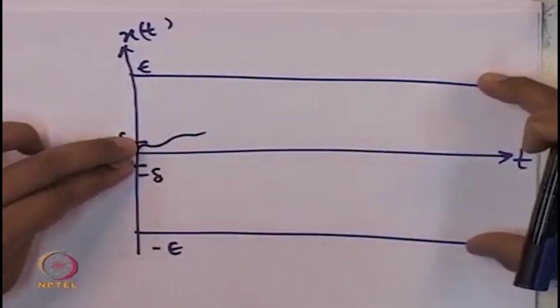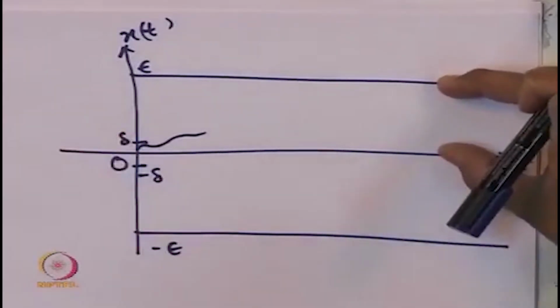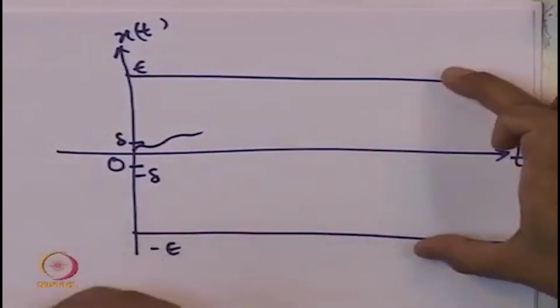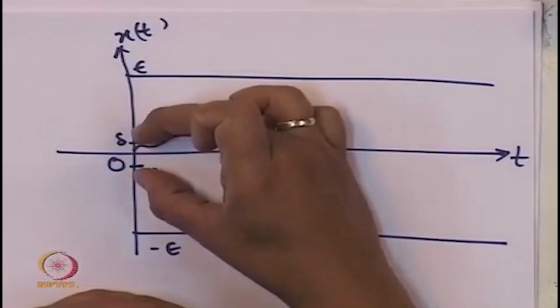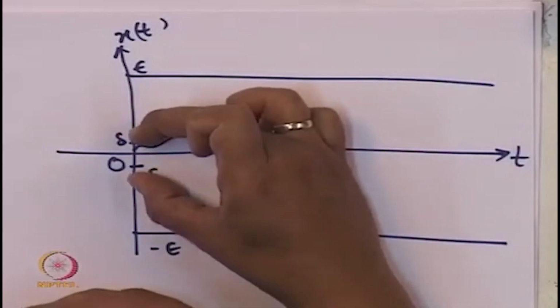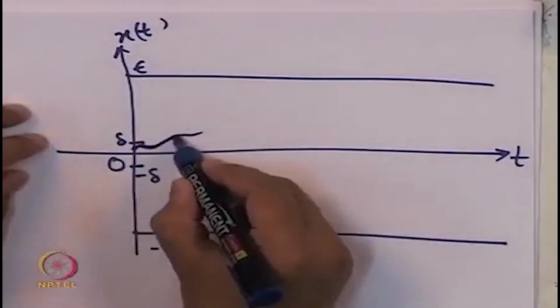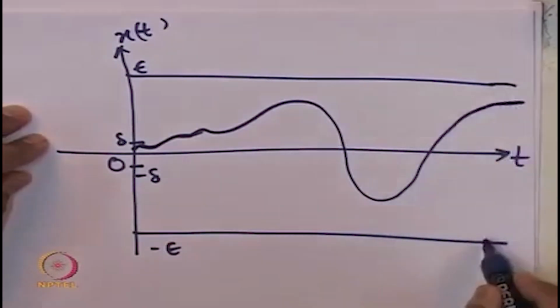so that it is guaranteed to remain inside this bigger ball. This is the ball. What I am showing is the diameter. The radius is this, and this is the diameter. For it to remain inside this bigger ball, it is possible that we should ensure that the initial condition lies inside this smaller ball. As long as it begins from here, from the solutions to the differential equation, we know that it remains inside this epsilon ball.